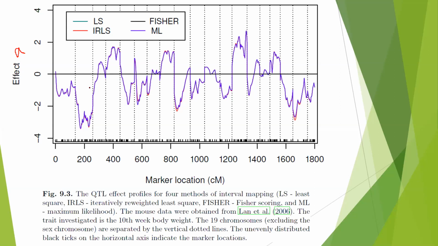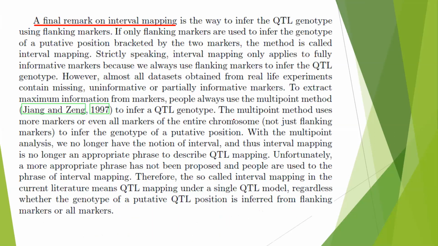I believe this is the region we found to be significantly associated with the traits, and the genetic effects are also large at these two loci. So this is the result you can generate from your GWAS analysis. Okay, so I think I'm done with this chapter.